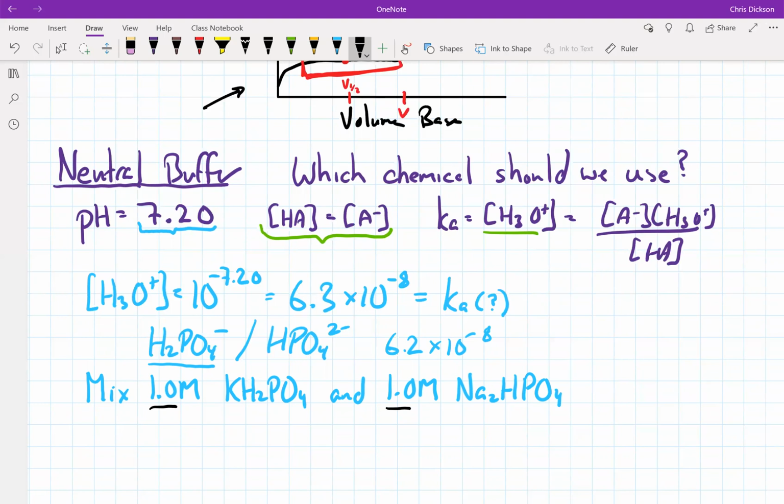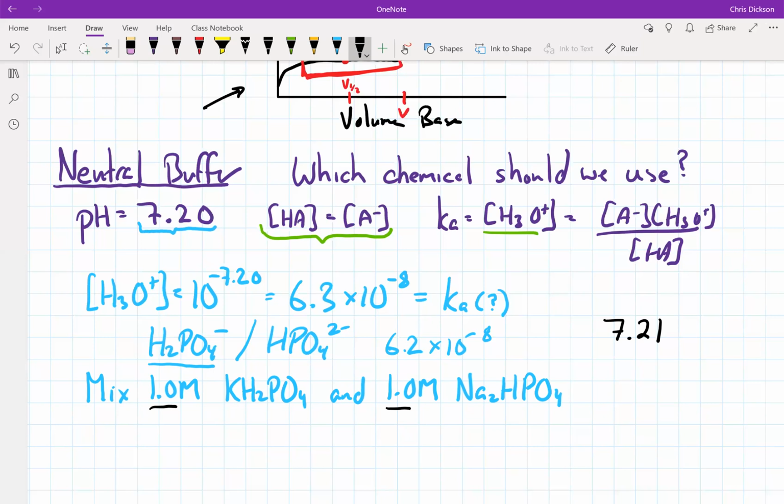I've got a conjugate acid and a conjugate base, and this would buffer at, if I take the negative log of 6.2 times 10 to the minus 8, it's actually going to give me a pH around 7.21. So that's pretty close. It's not way out.